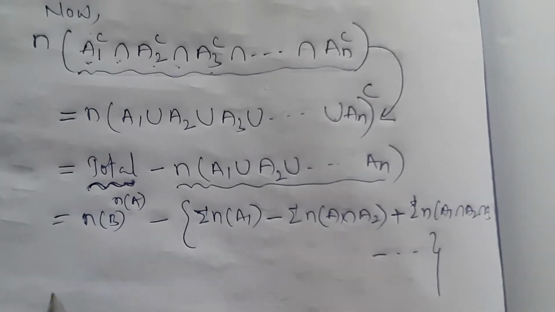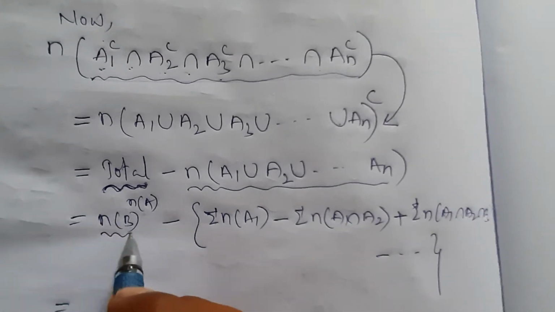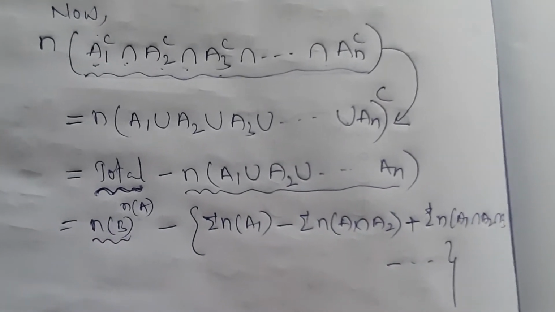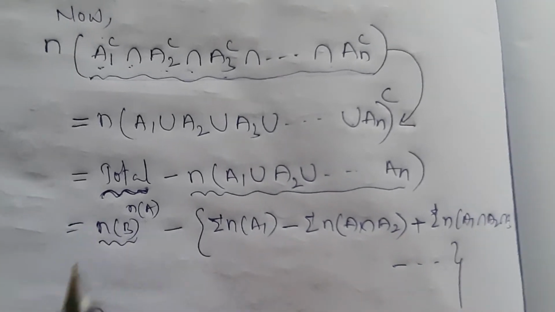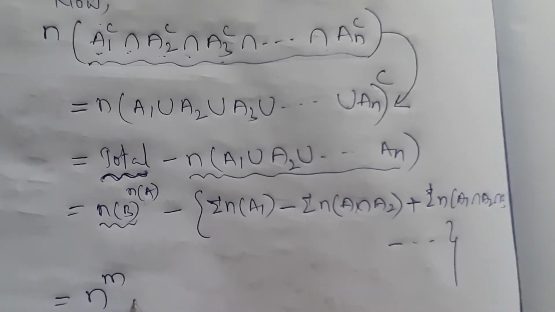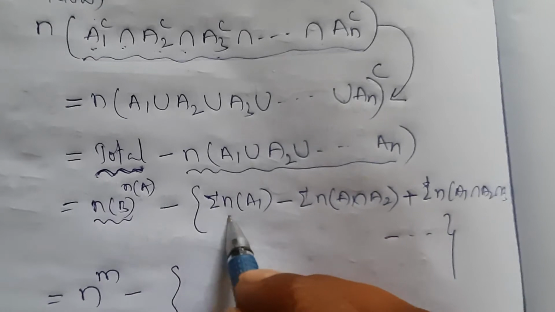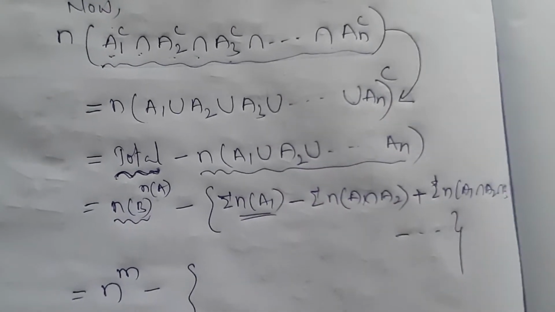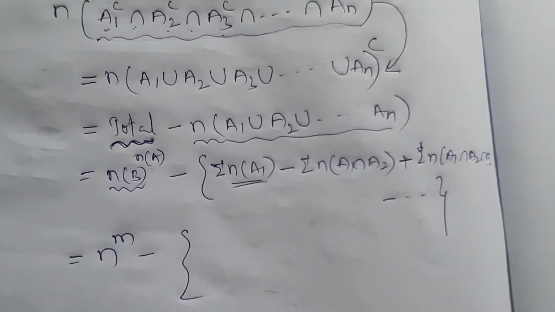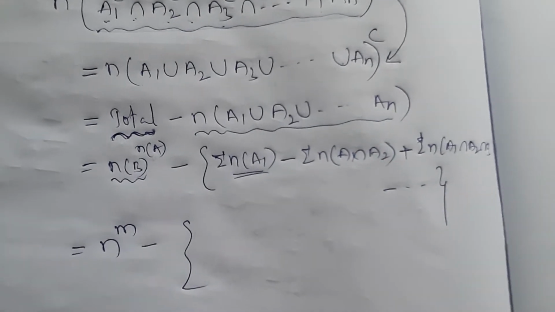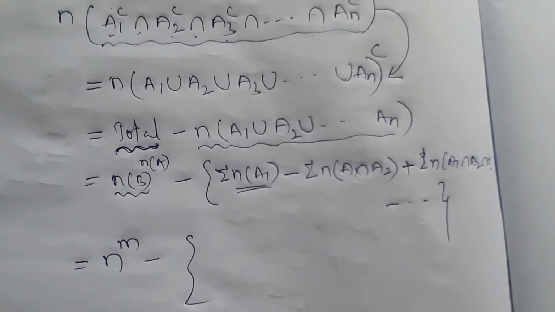This is the formula. Now this equals n of B to the power n of A. What is n of B? n elements are there. n of A is m elements, minus what is this value? Sigma n of A1. What does sigma mean? n of A1 plus n of A2 plus n of A3 plus up to n of An.